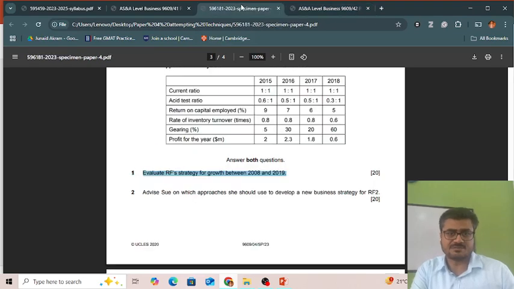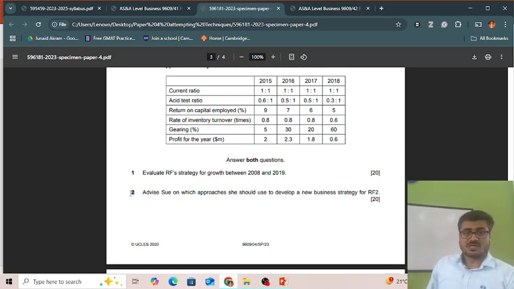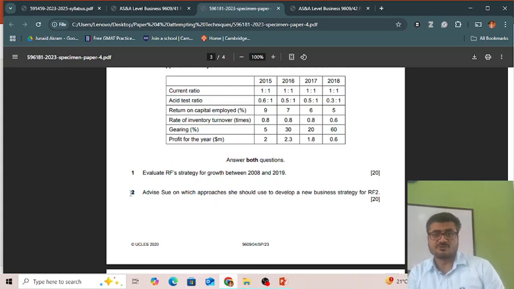Another example: again, we can see advise on which approaches she should use to develop a new business strategy. In this particular question, again it starts from advise, and the examiner is asking you about the overall approaches that you may consider before forming a new business strategy.